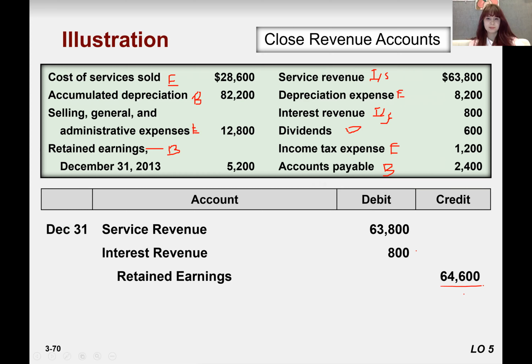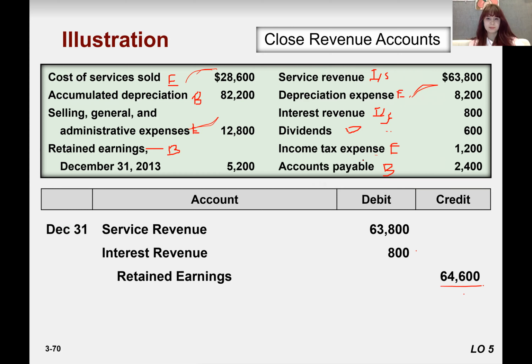And now we need to close down the expenses. Which expenses do we have? We have cost of goods sold, general, selling, and administrative expenses, depreciation expense, not the accumulated depreciation. Remember that one: accumulated depreciation goes to the balance sheet, depreciation expense goes to the income statement. And then we have internet expense.